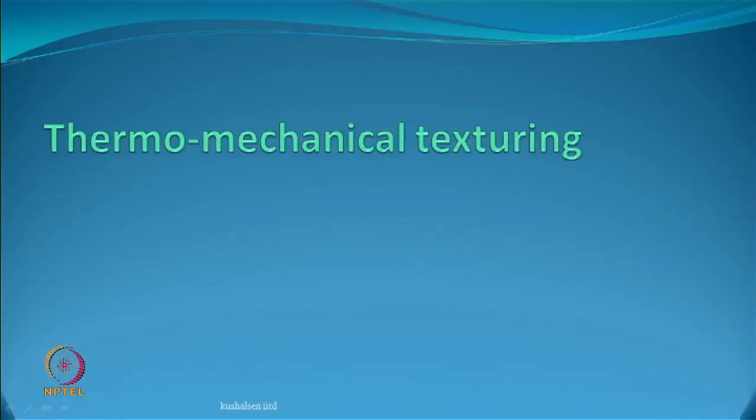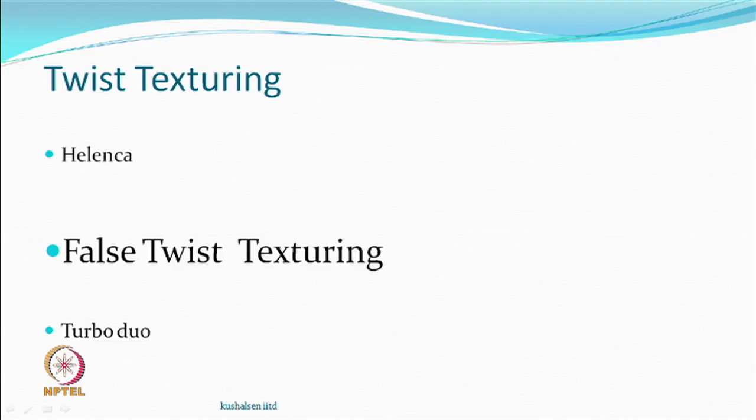So, we will be talking now further on thermomechanical texturing, all right. Thermomechanical texturing, that means you are looking at a yarn or a fiber which responds to heat. Mechanical, because you are looking at still twisting, which is a mechanical process, and so we will have that.